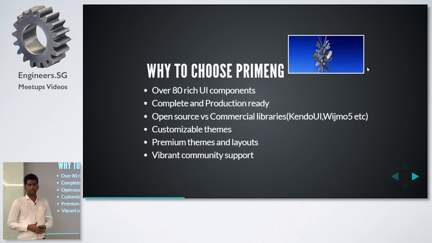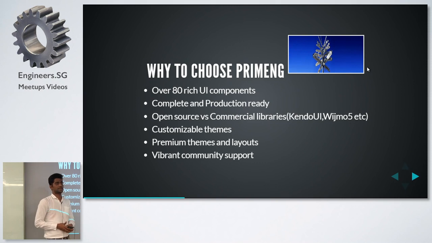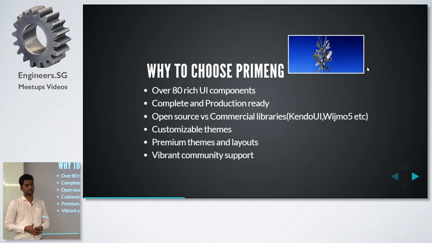And one more thing, if you don't want to use component libraries, we know about HTML, JavaScript and CSS. It's easy to learn, but it's very difficult to maintain, right? So in the future, you can't maintain that kind of code. Considering this, we better go to component libraries.